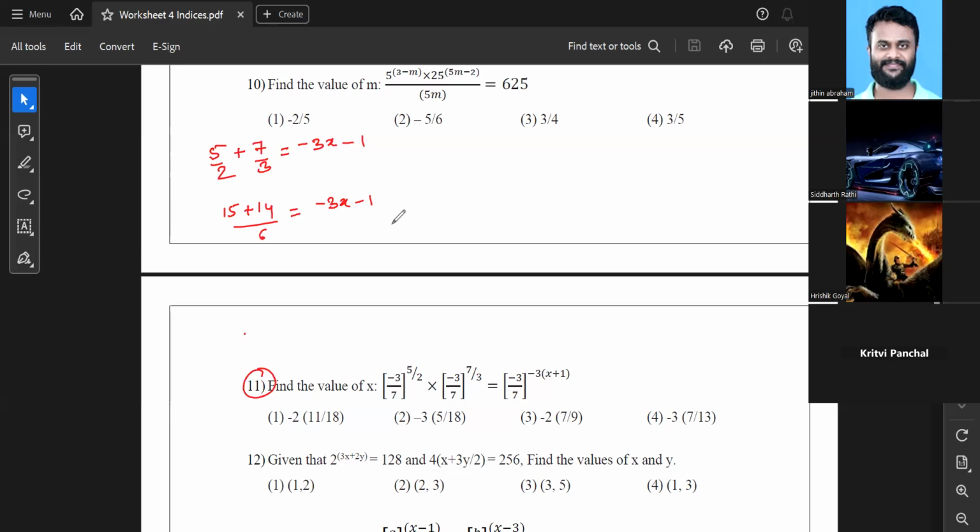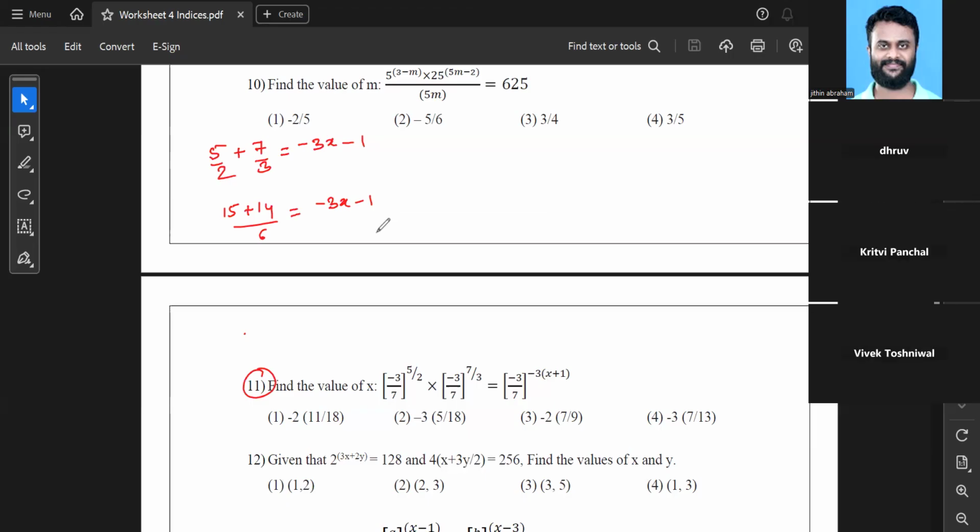Sir, excuse me, sir. Speak, I'm listening. Sir, you didn't write -1, but it should be -3, right? My bad. It should be minus. Correct. By the way, bring the minus 3 to this side as well. I'll just rewrite this, adding one more step.